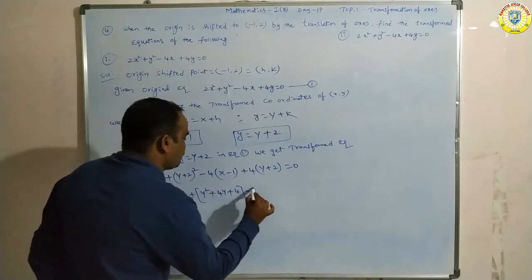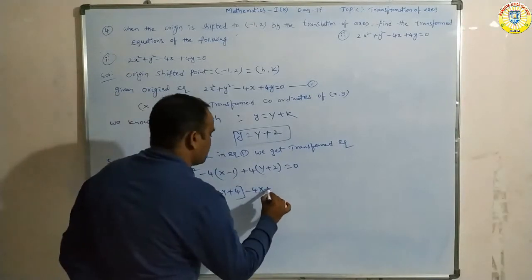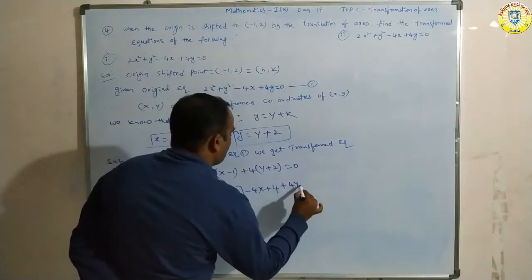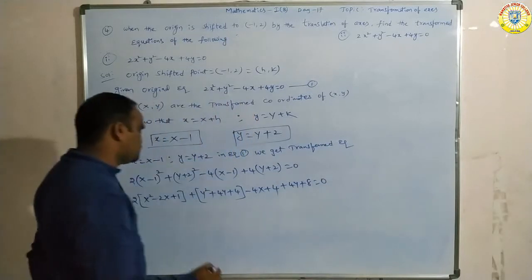Here minus 4 into X is minus 4X, minus 4 into minus 1 is plus 4, here plus 4Y, and 4 into 2 is 8, is equal to 0.